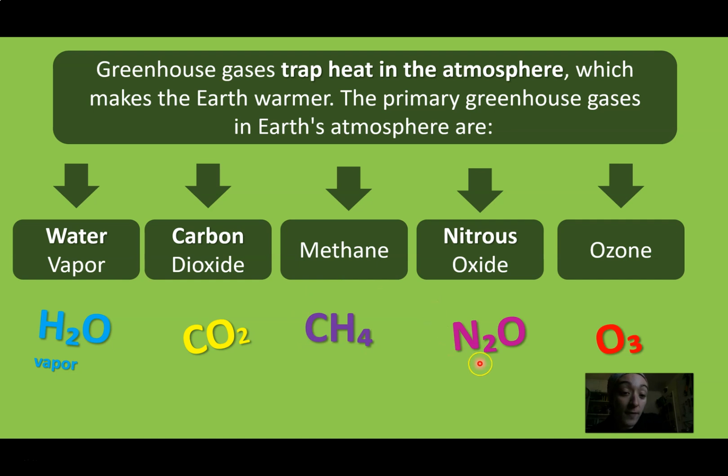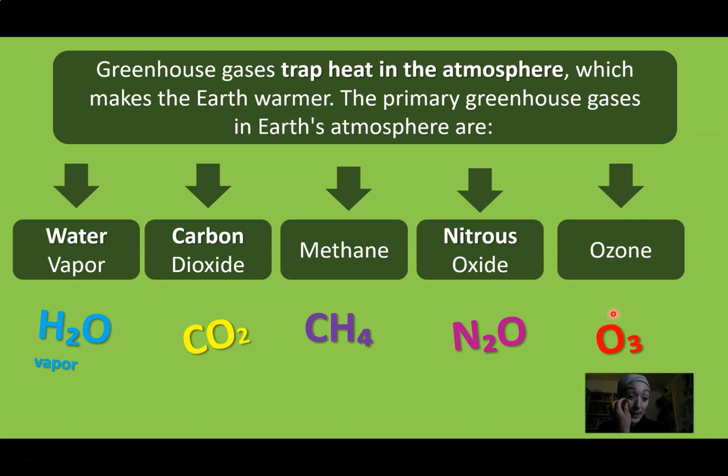And then you have nitrous oxide and ozone. Ozone kind of looks like oxygen, but it has 3 oxygen molecules instead of 2. So it's not the same as just the regular oxygen that's in the atmosphere, right?